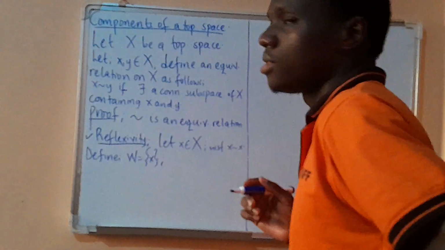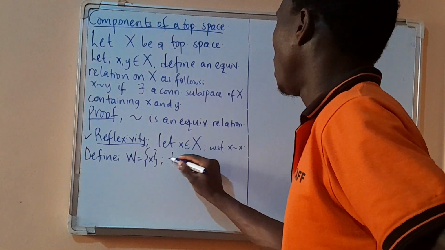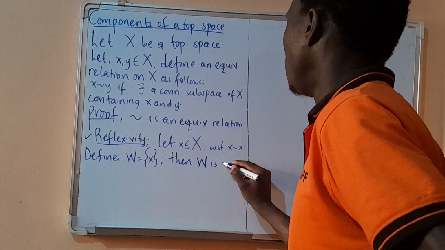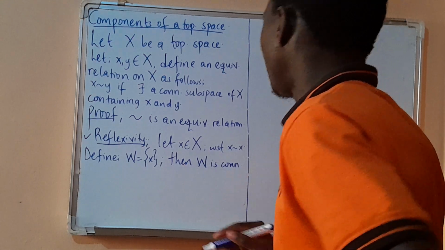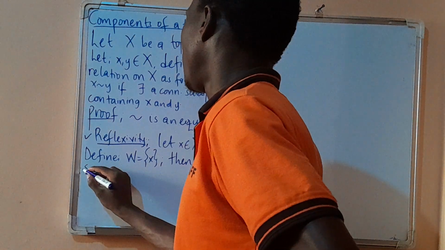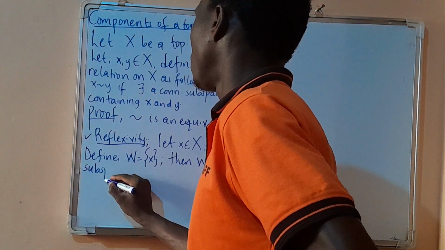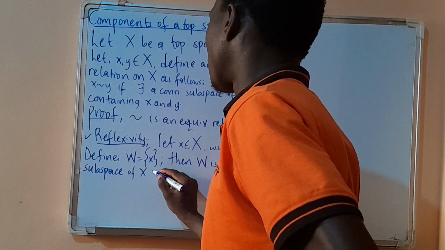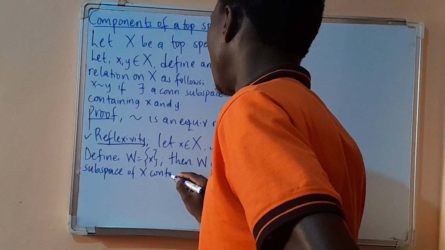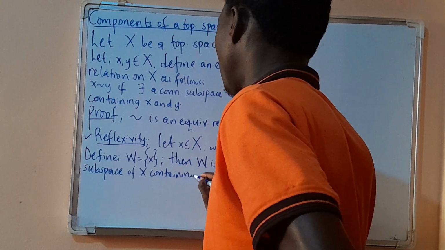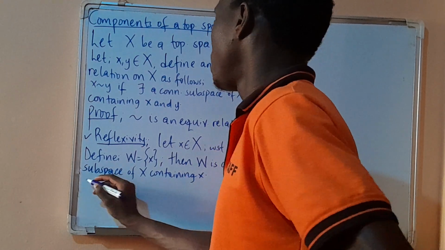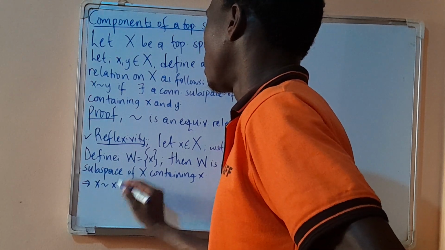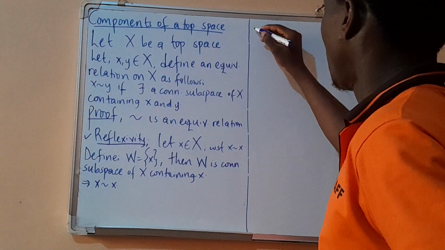Since W contains a single element, W is a connected subspace of X containing x. So this implies that x is related to x.